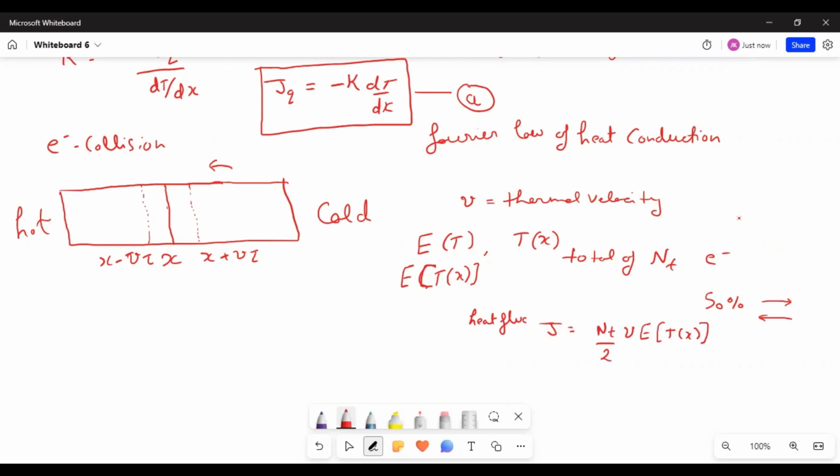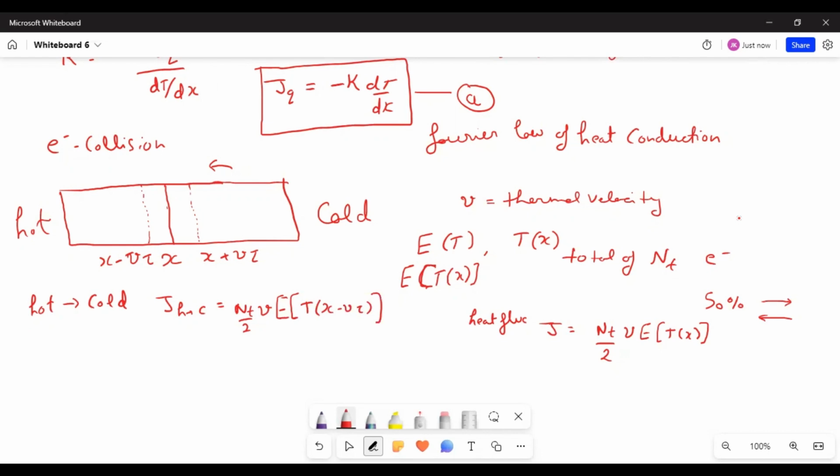Now let's write the expression from hot end to cold end, and also from cold end to hot end. The hot end to cold end flux is defined as J hot to cold. It will be N by 2, v, energy E of T at x minus v tau, right?